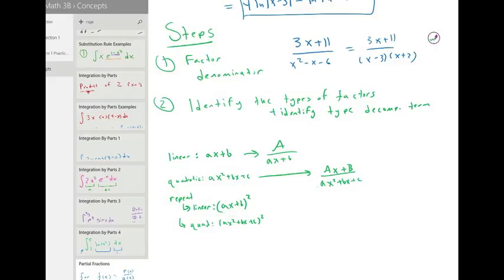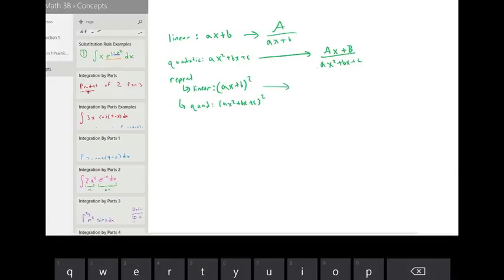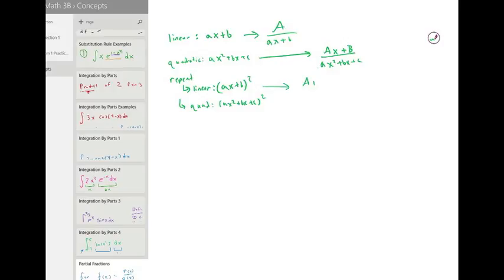And then for repeat linear factors, for every time it's repeated, this is actually going to be to the n power, n being however many times it's repeated. But let's go with squared for now. We're going to have some constant a1 over our linear factor, ax plus b, and then some other constant a2 over ax plus b squared.